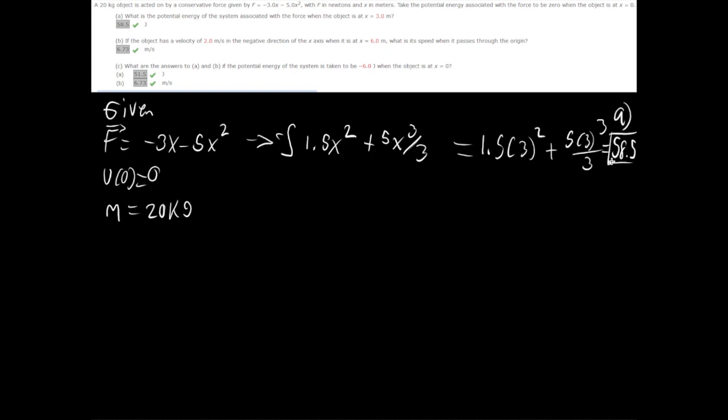It says if the object has a velocity of 2 meters per second in the negative direction on the x-axis, when x equals 6 meters, what is its speed when it passes through the origin? Okay.